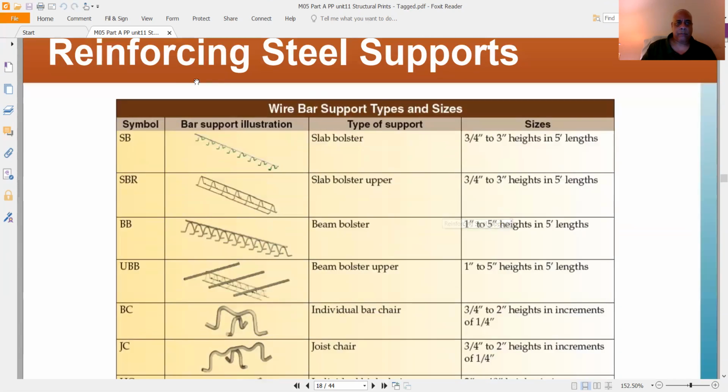Now different reinforcing steel supports. Right up here, these are your bar supports. These are known as your chair system. All types of supports. Now again, everything is going to be in the video for you to review again when you watch this video.